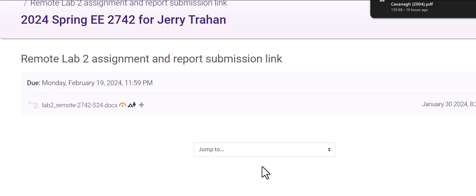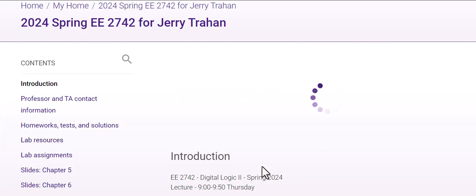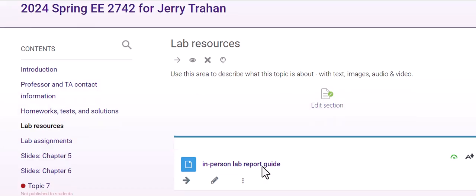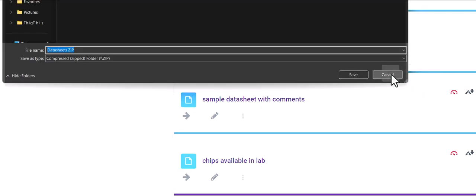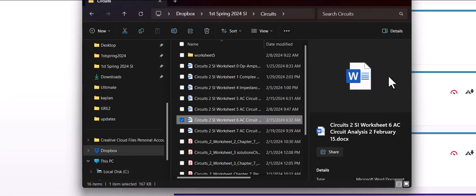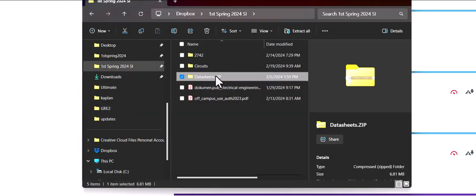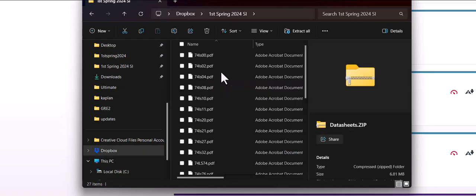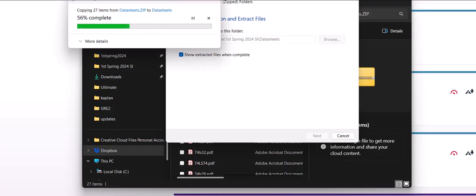If we go to Lab Resources, data sheets for chips, you'll download a zip file, and then when you unzip it, you'll get the data sheets.